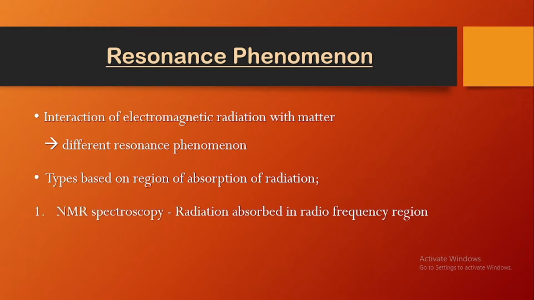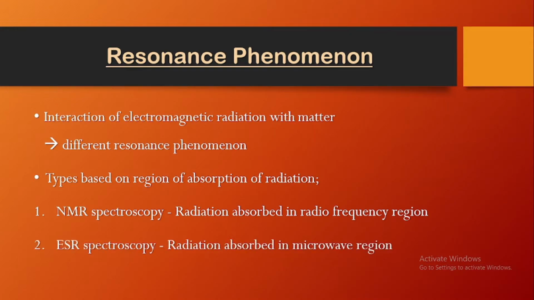First one is NMR spectroscopy, which is nuclear magnetic resonance spectroscopy. Here the absorption of electromagnetic radiation by matter lies in the radio frequency region.